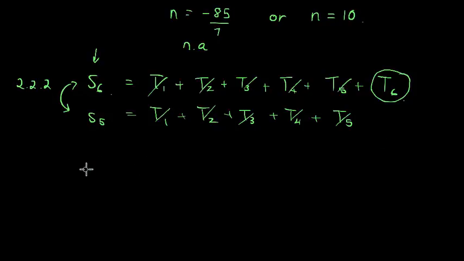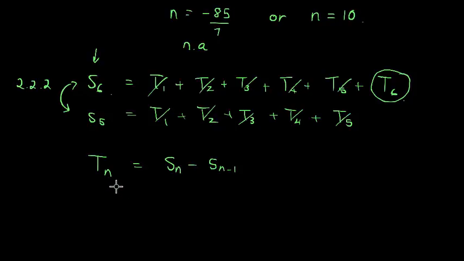So whenever you're trying to find a single term but they only give you the sum, you just take the sum of that many terms minus the sum of the previous one, like, for example, S6 minus S5 will give you term 6.